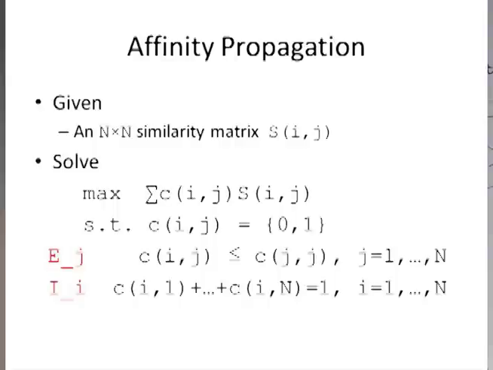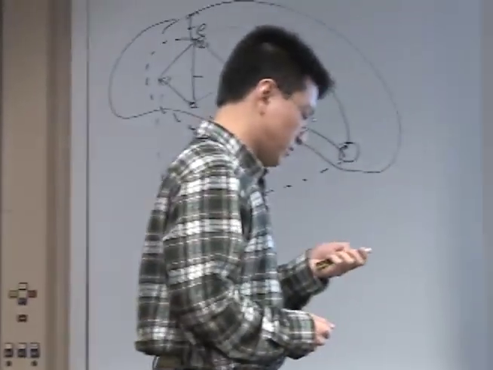This constraint is just saying if somebody I chooses J as its exemplar, then J must choose itself as exemplar. And this constraint, which I label as II, says there should be one and only one element to be 1 in one row.